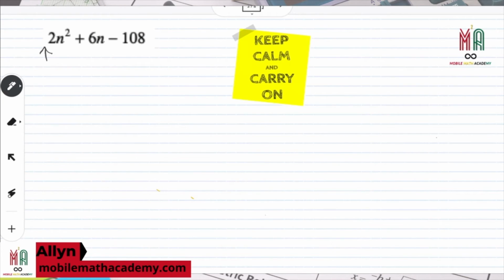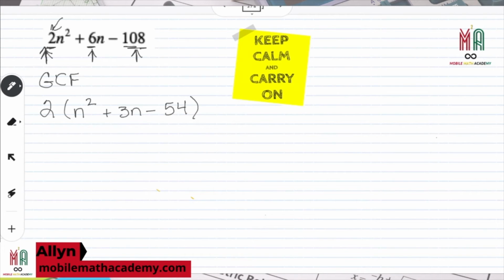So with this situation, I have a 2 in the front, a 6, and I have a 108. The first thing I want to do is check for a greatest common factor. All of these can be divided by 2. So 2 divided by 2 gives me 1. So I'm going to factor out a 2, and I'm left with n squared plus 3n minus 54.